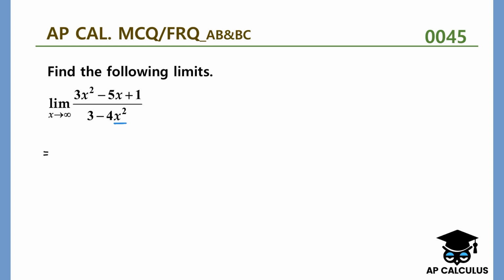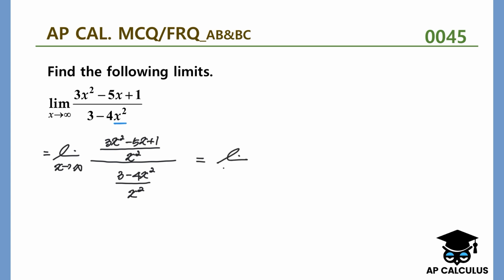Then we must divide the denominator and numerator by x squared. So that is equal to the limit as x approaches infinity. In the numerator we have (3x squared minus 5x plus 1) over x squared, and in the denominator we have (3 minus 4x squared) divided by x squared. 3x squared over x squared is 3.